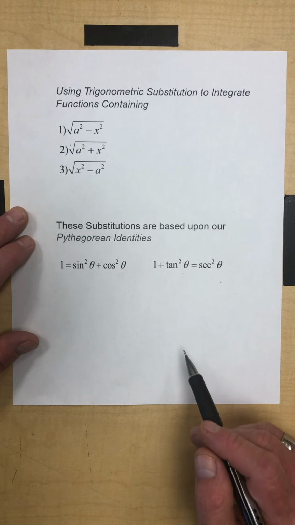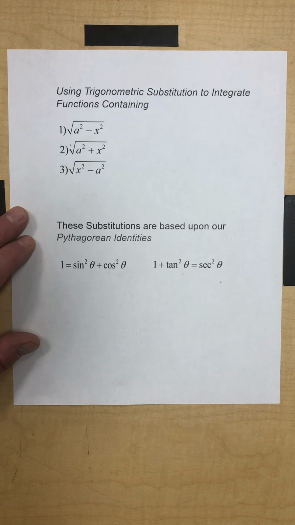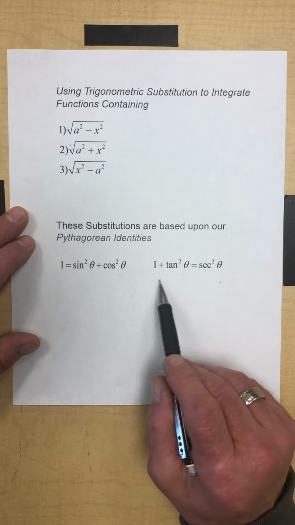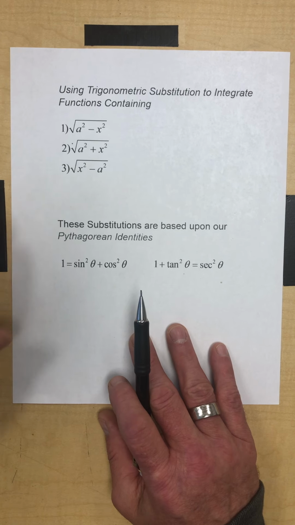This trigonometric substitution is all based upon these two Pythagorean identities, which obviously we know off the top of our head. We see them on a regular basis, so you are familiar with these. So I'm not worried about that. All right, now how do we do this?